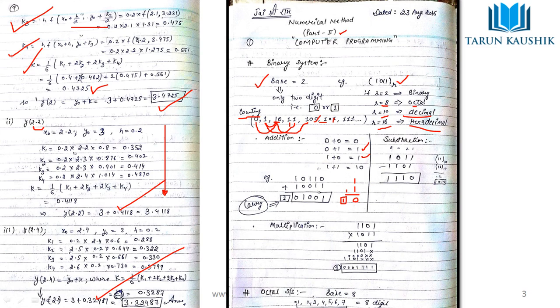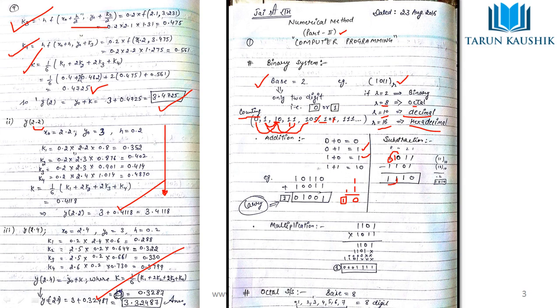Now the subtraction: 1 minus 1 is 0, 1 minus 0 is 1, but for 0 minus 1, we will take a borrow of 1 from the next point. Okay, so it will become 10. 10 minus 1 is 1, so here there will be a 0. We borrow 1 again, and it becomes the same, 10 minus 1 is 1.